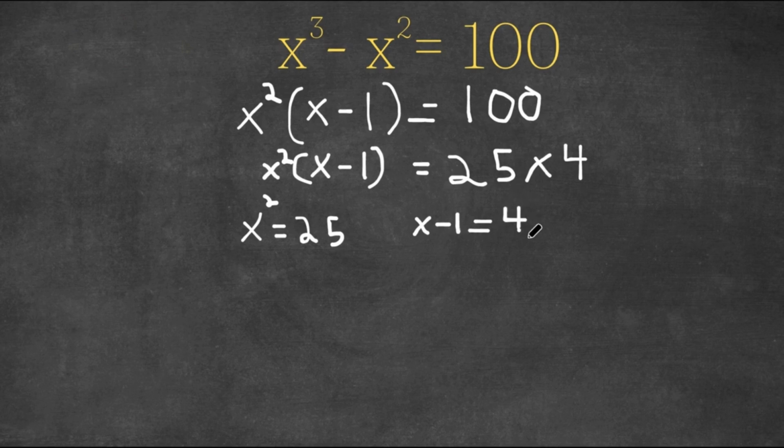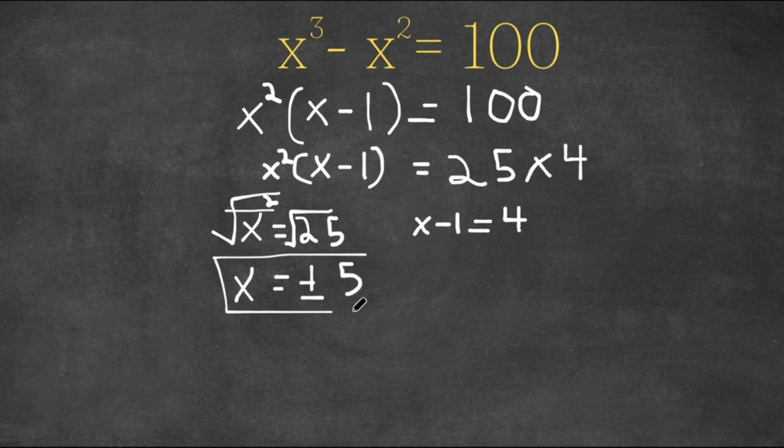Well, for x squared equals 25, if we do the square root on both sides, well, the square root of x squared is simply x, equals the square root of 25, which is positive or negative 5. So as you can see, this is one solution, and x minus 1 equals 4.